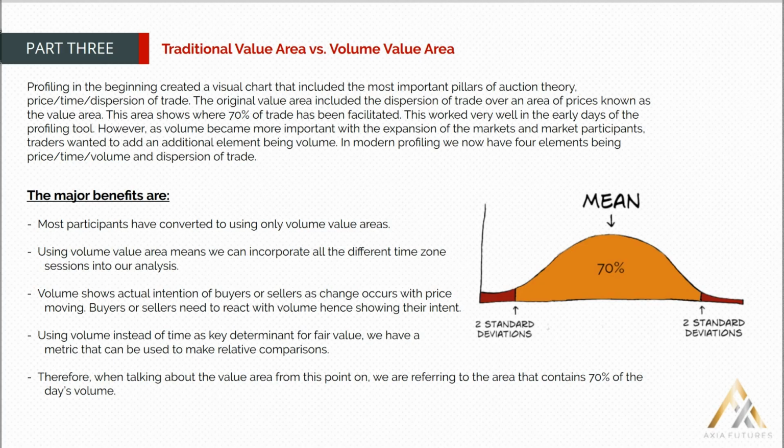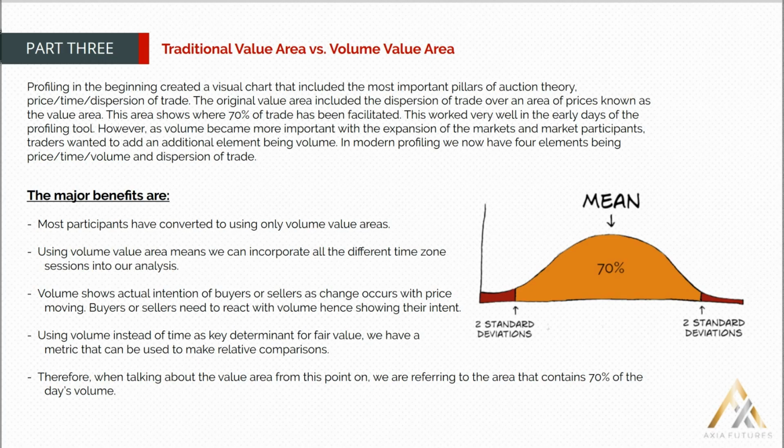This worked very well in the early days of the profiling tool. However, as volume became more important with the expansion of the markets and market participants, traders wanted to add an additional element, being volume. In modern day profiling, we now have a fourth element, and those four include not just price, time, and dispersion of trade, but also volume.